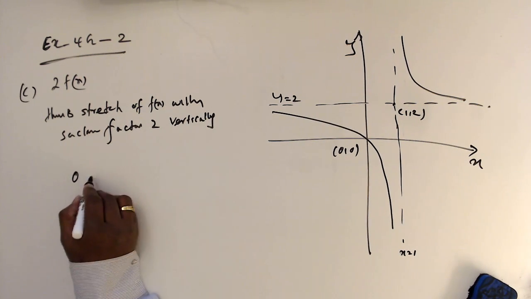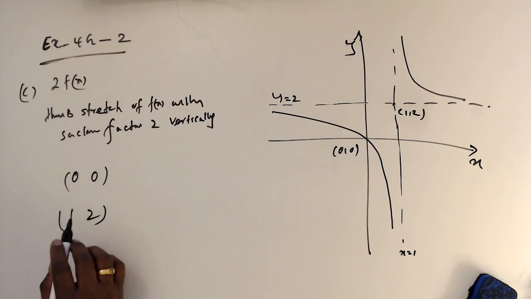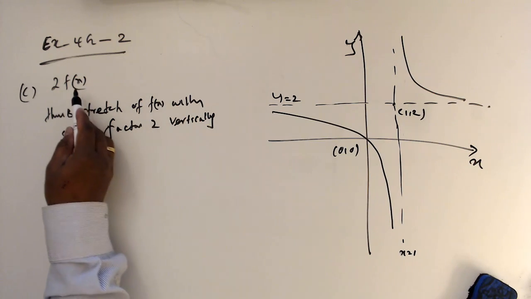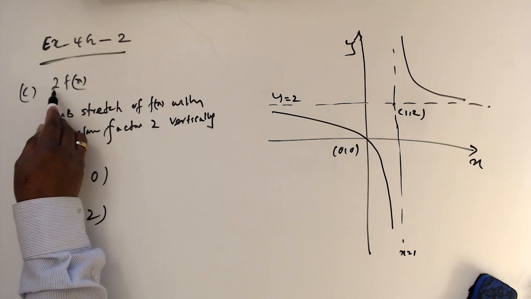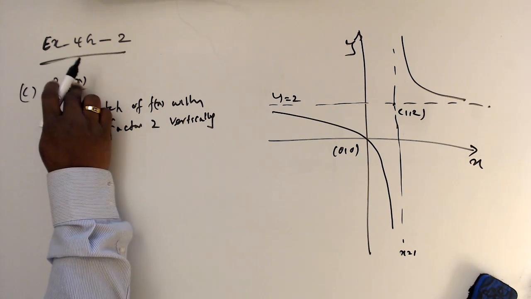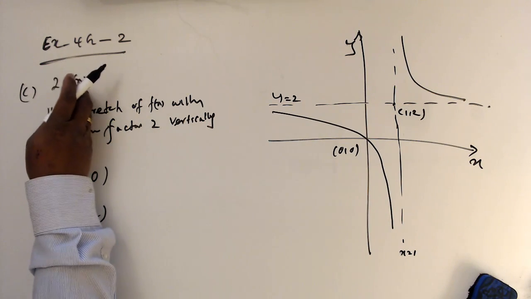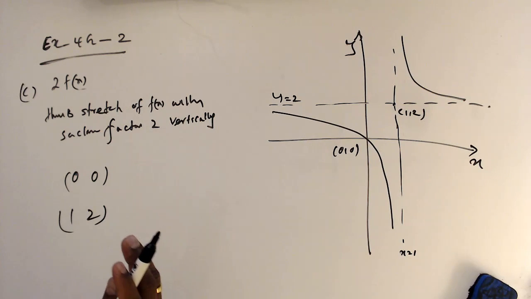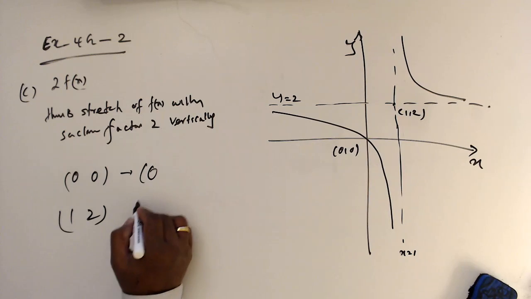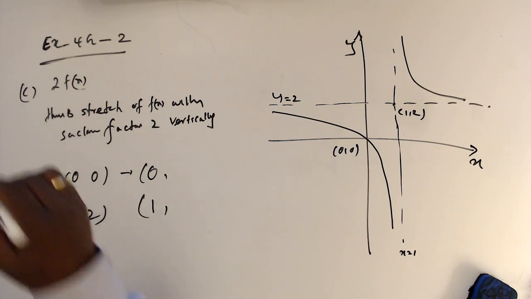Now I have 0, 0 and 1, 2. This is going to affect only y, since the 2 is outside the x, it's not within the bracket. It's not something related to x. This is something related to y. So x is fixed. I don't touch that one. So y has to be multiplied by 2.